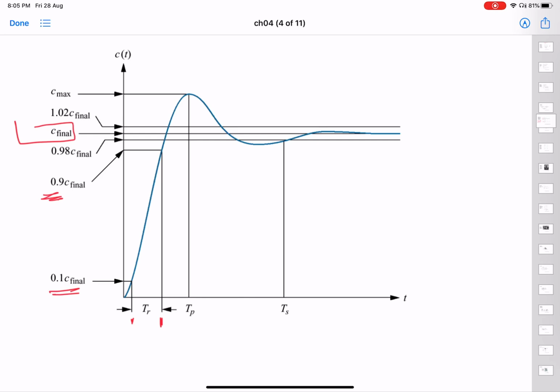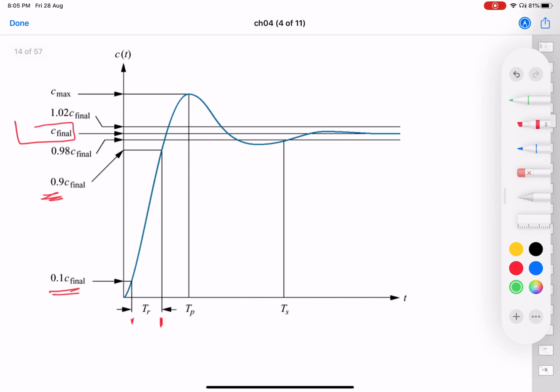So if you have this final value as C final, and you are oscillating between minus 2%, that is 0.98 C final, to plus 2%, which is 1.02 times C final, when you finally start oscillating between these two values, right, you don't leave this band, that is the time which will be called the settling time. So it will be assumed that you have, for all practical purposes, settled down, right? So this is why you have this settling time here.